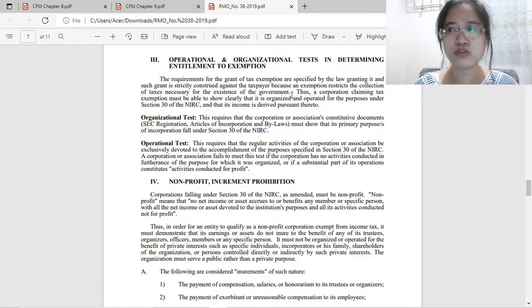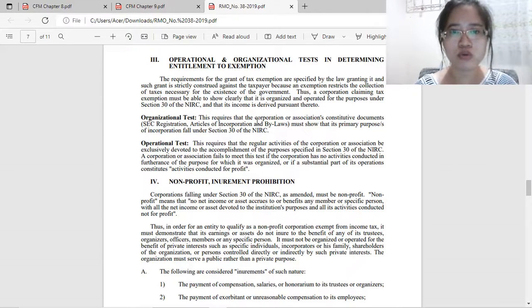So you have to prove without a doubt that you are exempted. The corporation claiming tax exemption must be able to show clearly that it is organized and operated for the purpose, religious or educational.